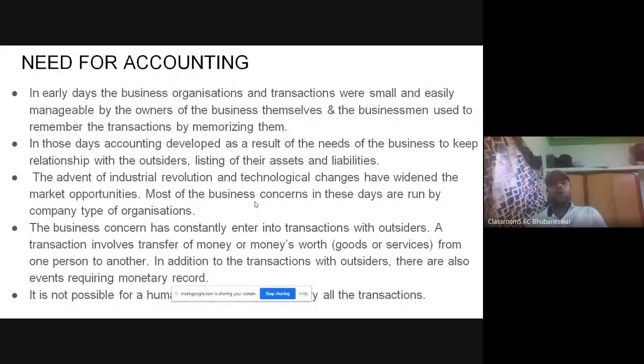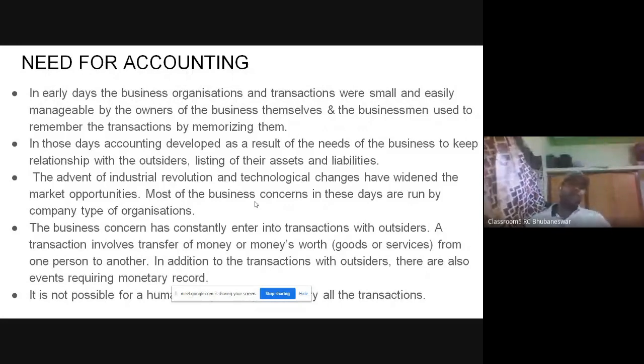Okay, so then what happened? With the advent of the industrial revolution, technological changes widened the market opportunities. Most of the business concerns these days are run by company-type organizations.